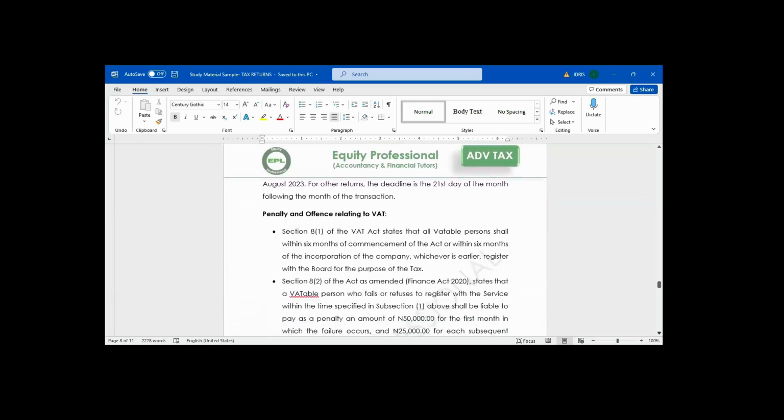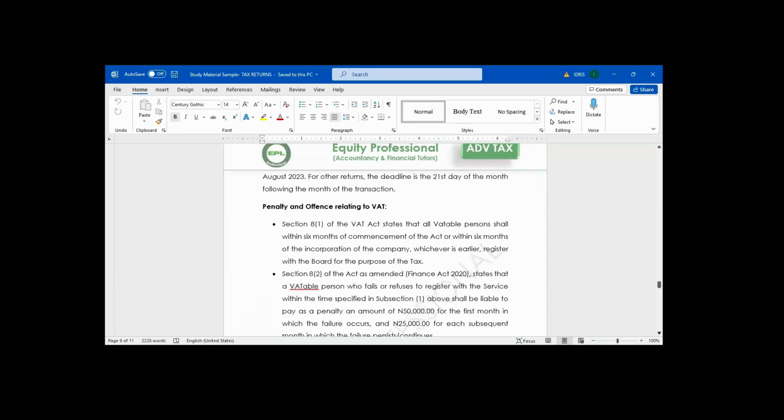What are the penalties and offenses relating to value added tax return? First, we must have it in mind that as a company, you must register for VAT. As a new company, you must register for VAT within 6 months from the date of incorporation or from the date of commencement of business.